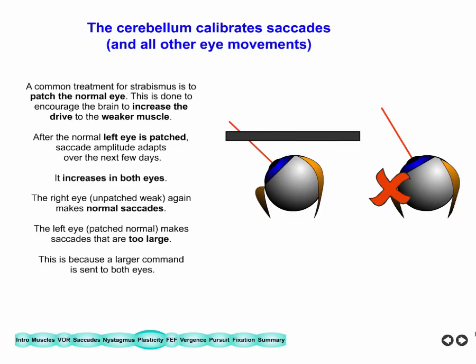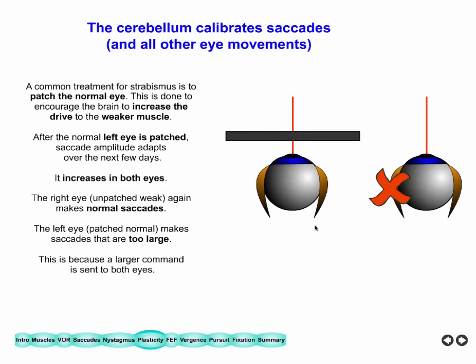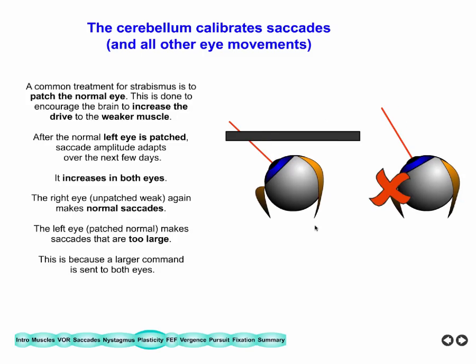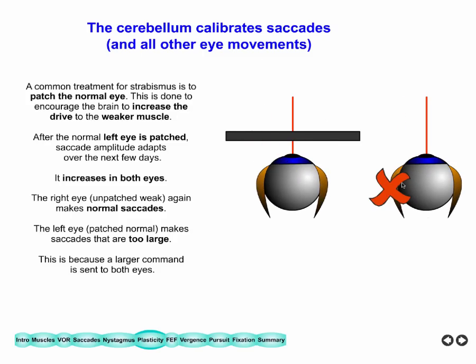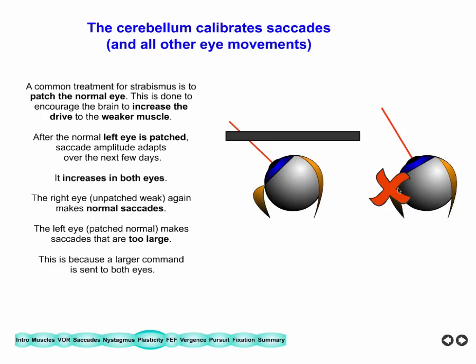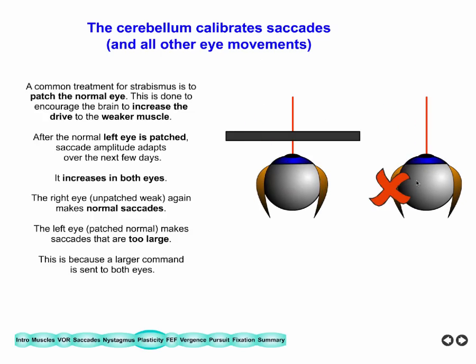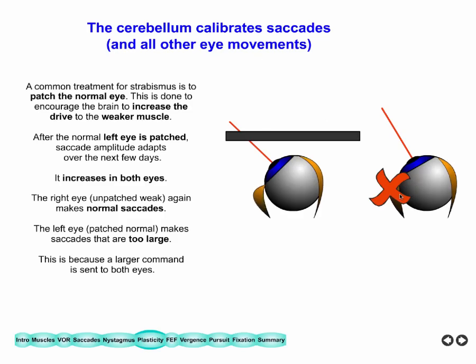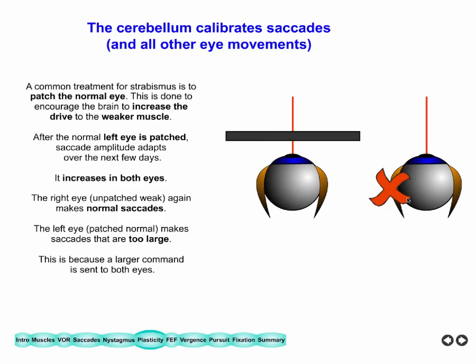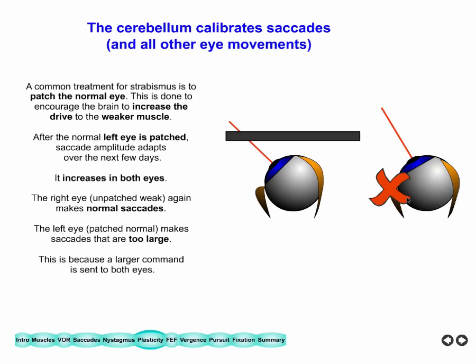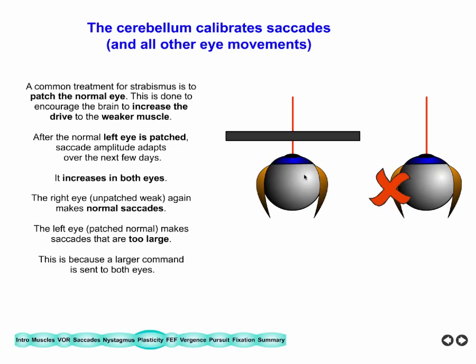So what often is done is to put a patch over the good eye, surprisingly. And what that does is force the brain to produce a bigger signal to the weak eye muscle. Okay? And gradually this eye muscle gets a bigger and bigger signal, and then makes this normal saccade to the right target. Okay? But you notice what's happening under the patch.